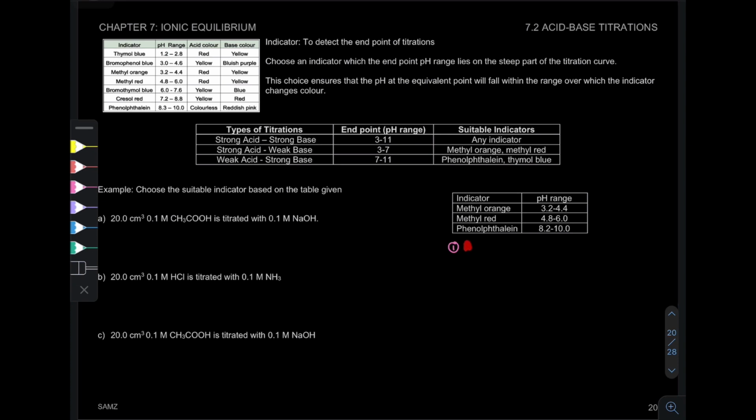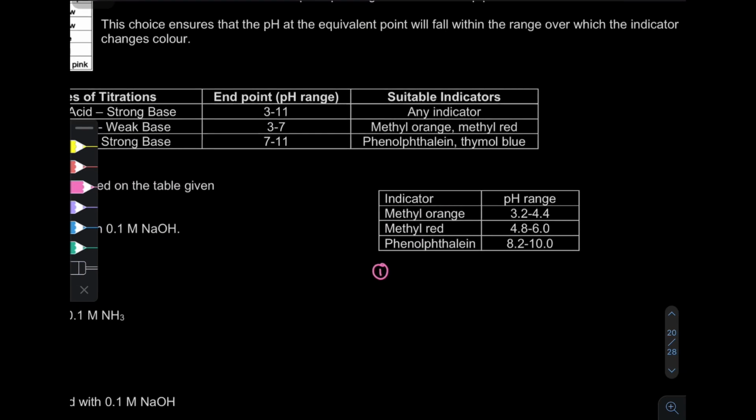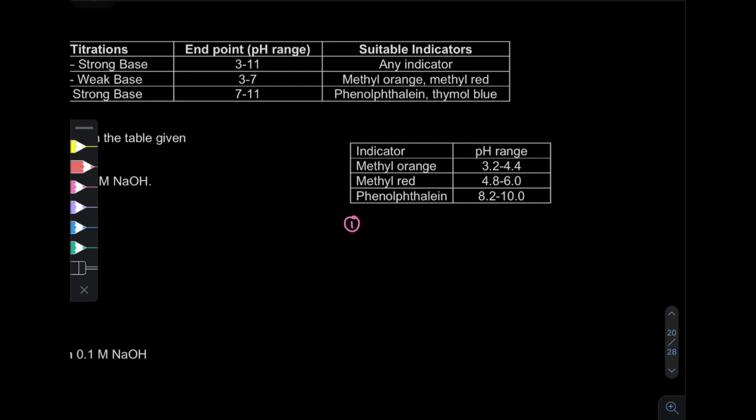First, number 1, determine the type of titration lah. So, apa maksud type of titration ni, Miss? So, it's between strong acid strong base, strong acid weak base, weak acid strong base.